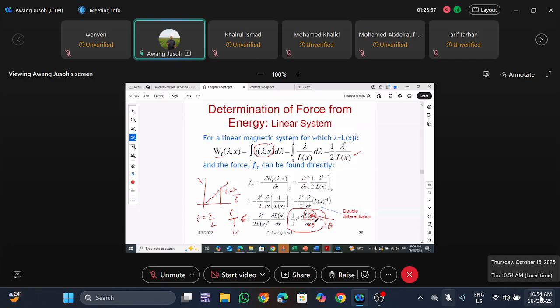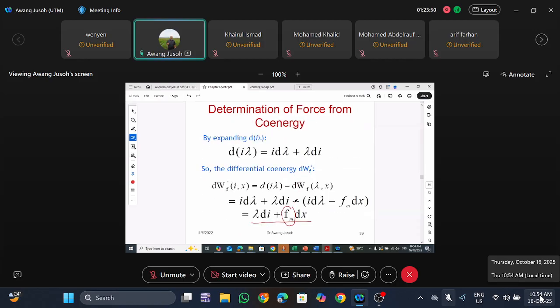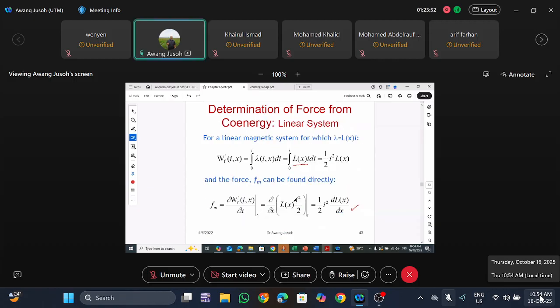So half I squared dLx per dx for the energy method, and with the co-energy we got the same thing, half I squared dLx per dx. Okay, so what is the conclusion now? Both methods can be used to find the torque or force. We can use either the energy method or the co-energy method. You get the same force.